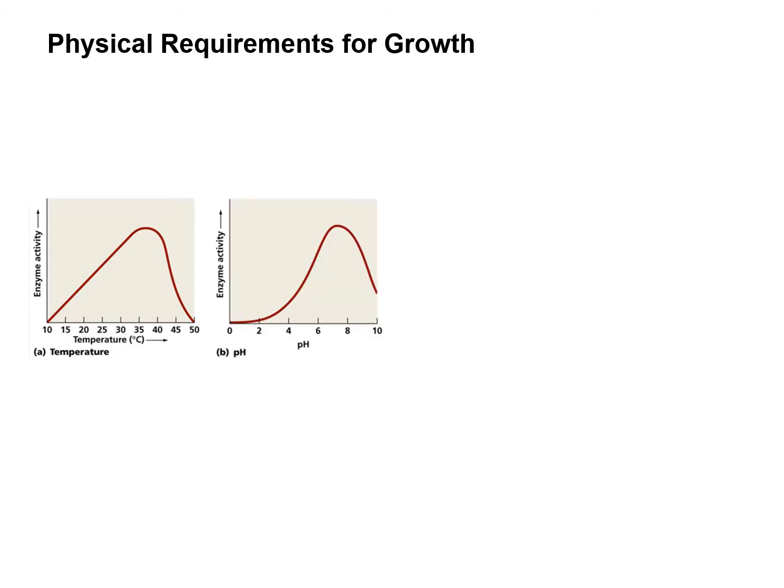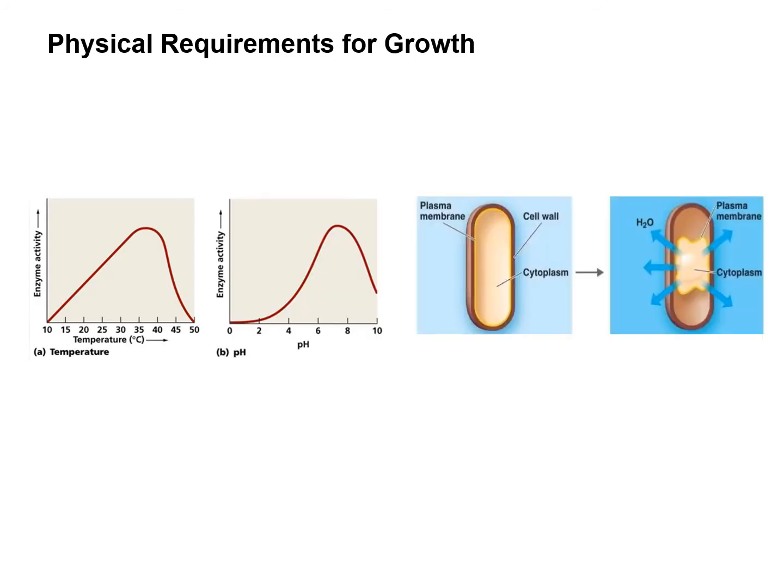In the previous lecture, I went through the physical requirements for growth, and these are temperature, pH, and osmotic pressure. And if you want bacteria to grow, you will need to incubate them at their optimal temperature or at least within their temperature range. Same with pH. The environment needs to be at the optimal pH or again within the pH range.